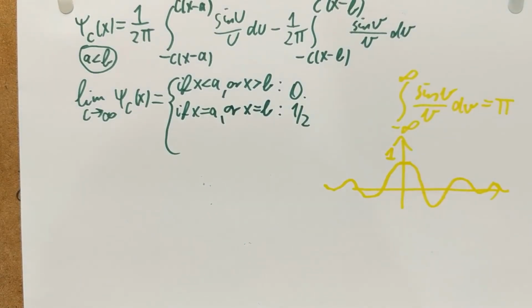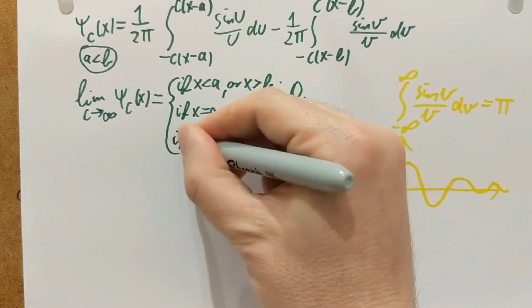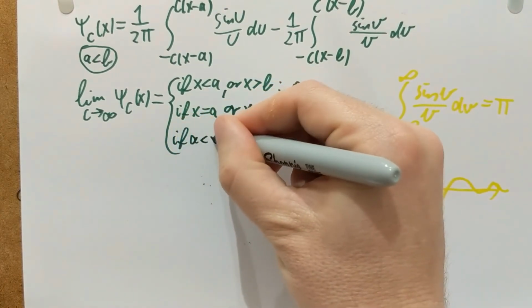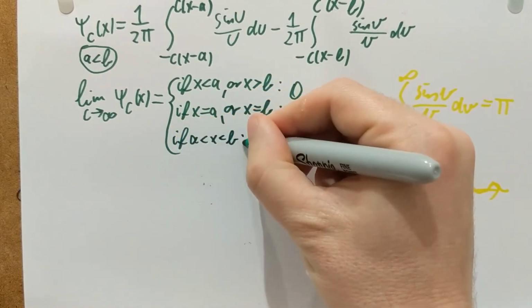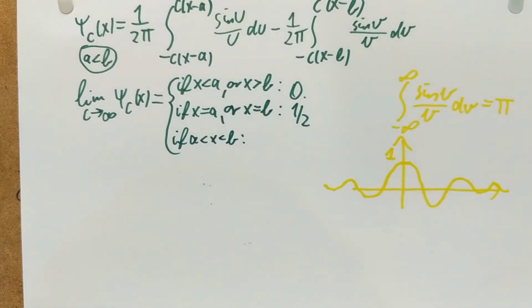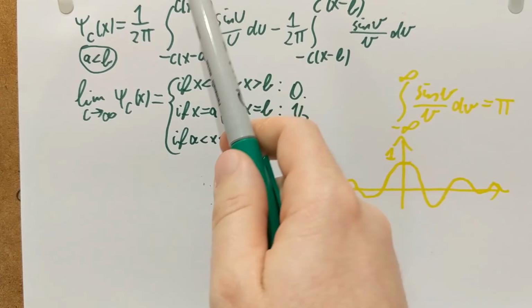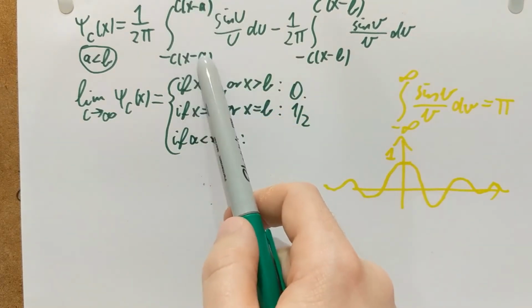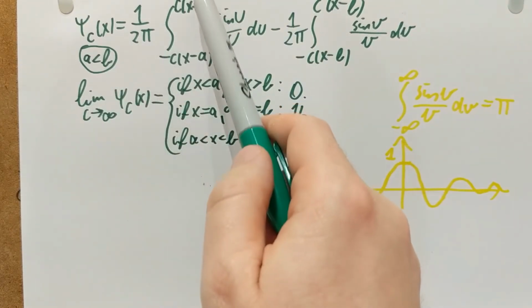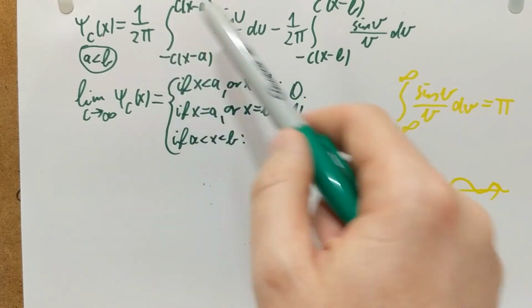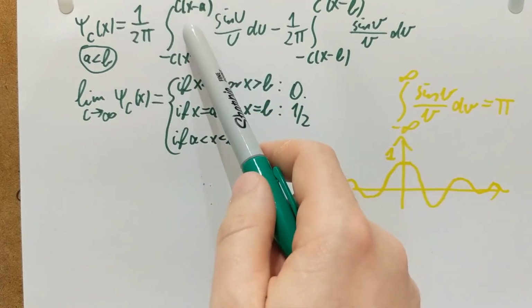Finally, if I take a number x strictly between a and b, what do I have then? If x is between a and b, then x minus a is positive, so minus infinity to infinity, I have pi over 2 pi, so that's a 1/2.